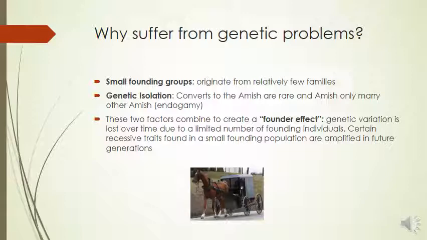This practice of endogamy, with few new bloodlines entering the population, has led to limited variation of genes. Taking these two factors together, we create what is referred to as the founder effect. The founder effect means that genetic variation is lost over time due to a limited number of founding individuals. Certain recessive traits found in a small founding population are amplified in future generations.